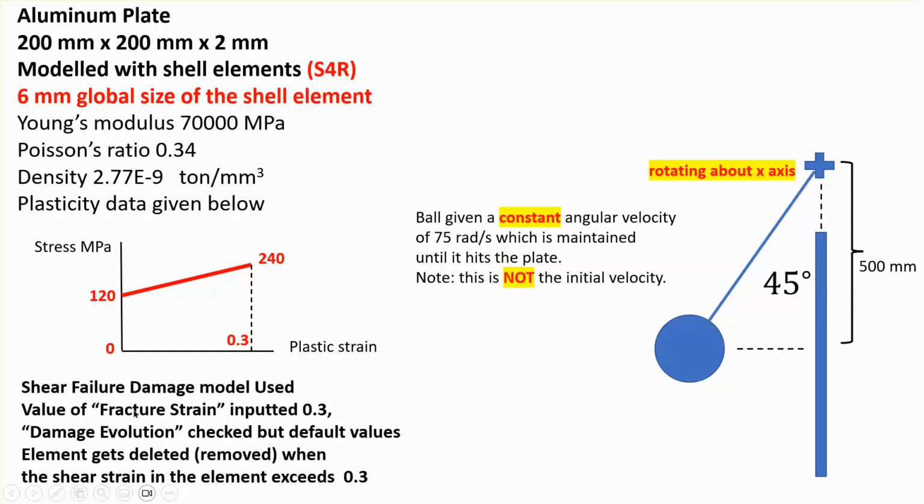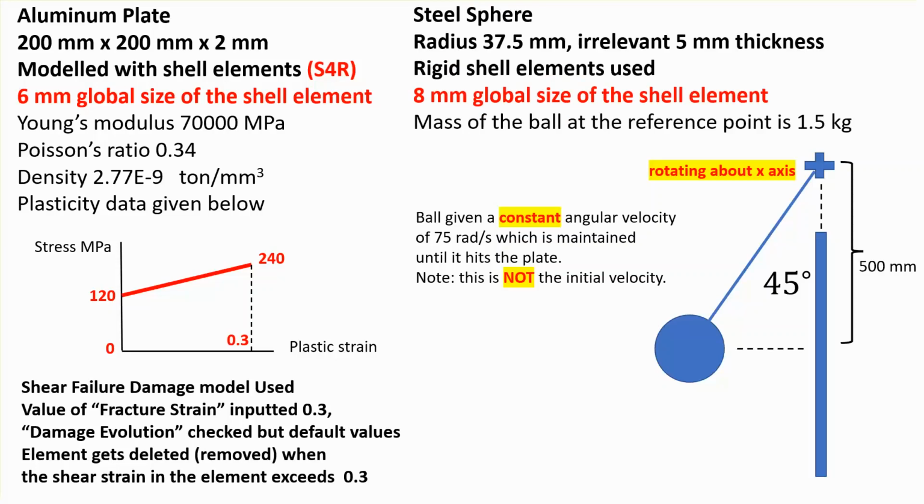Some values are given here which are just taken for illustration purposes, because to do a damage problem you really have to know exactly what your material behavior is. I'm just using the information from the YouTube reference.